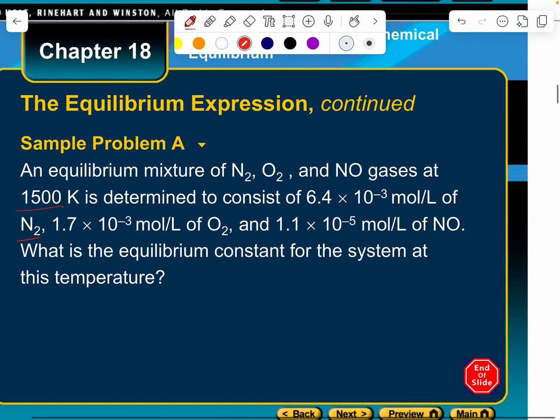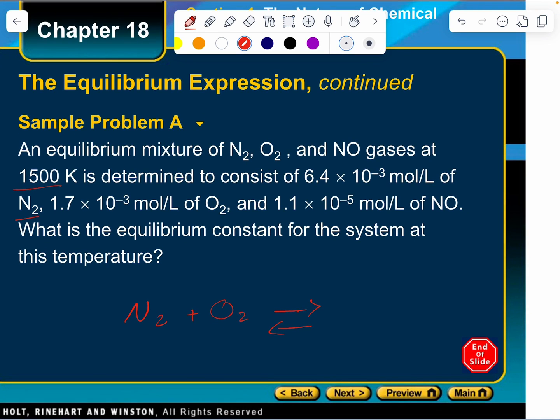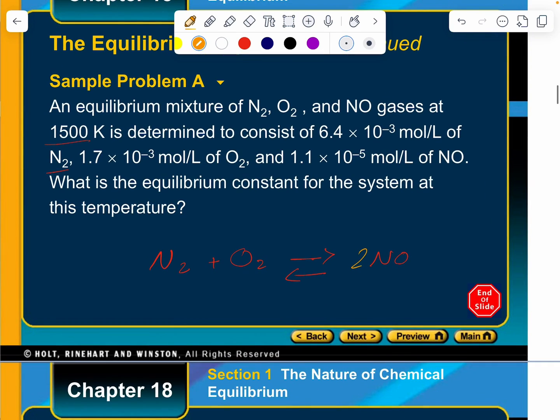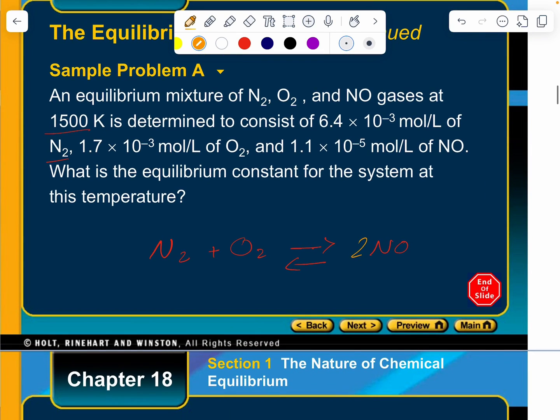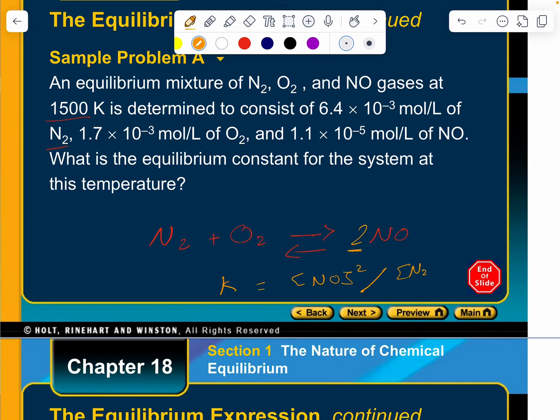So we're gonna have nitrogen react with O2 in equilibrium with NO, and it should be a balanced chemical equation. So we put 2 here, and this is the concentration of each. So K will equal the concentration of NO to the power of 2 over the concentration of N2 times the concentration of O2.